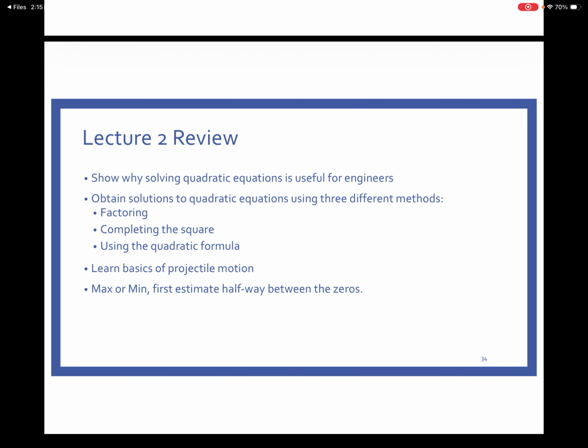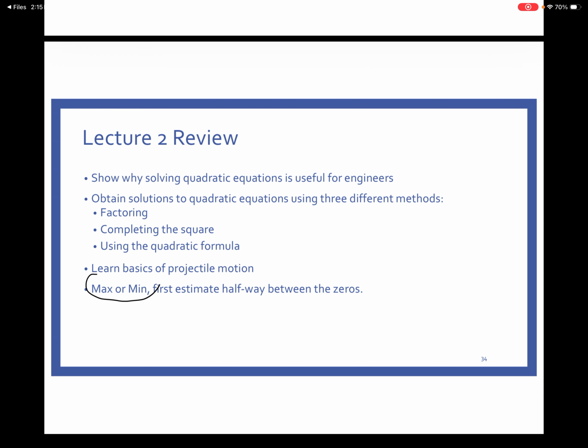All right, to summarize the chapter, we looked at 3 different ways of solving quadratic equations: factoring, completing the square, and using the quadratic formula. And we learned how to apply it to projectile motion.